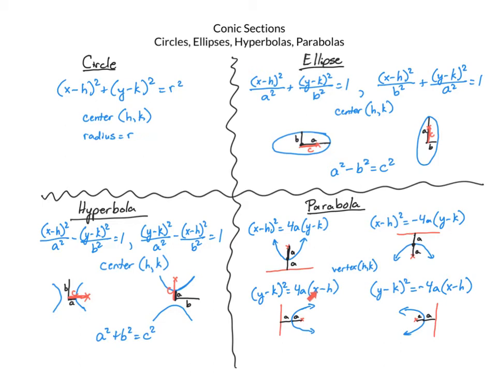Similarly, if we have an x equals y squared type, we have a parabola that opens right or left, and that's determined again based on whether the coefficient is positive 4a or negative 4a. Remember, for a parabola, the distance from vertex to focus is a units, and the distance from vertex to directrix is a units as well. I just wanted you to see this summary before we do a few problems.